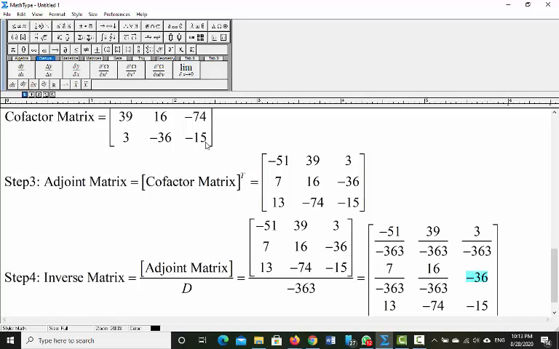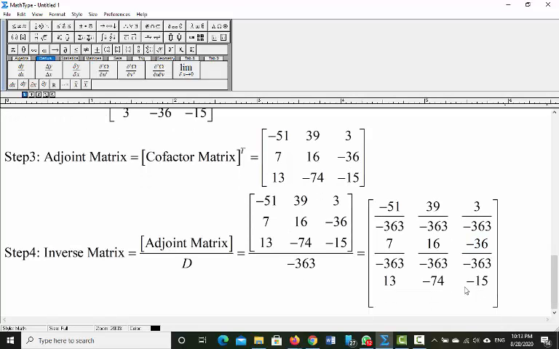Similarly, these also need to be divided by minus 363. We will divide these by minus 363.